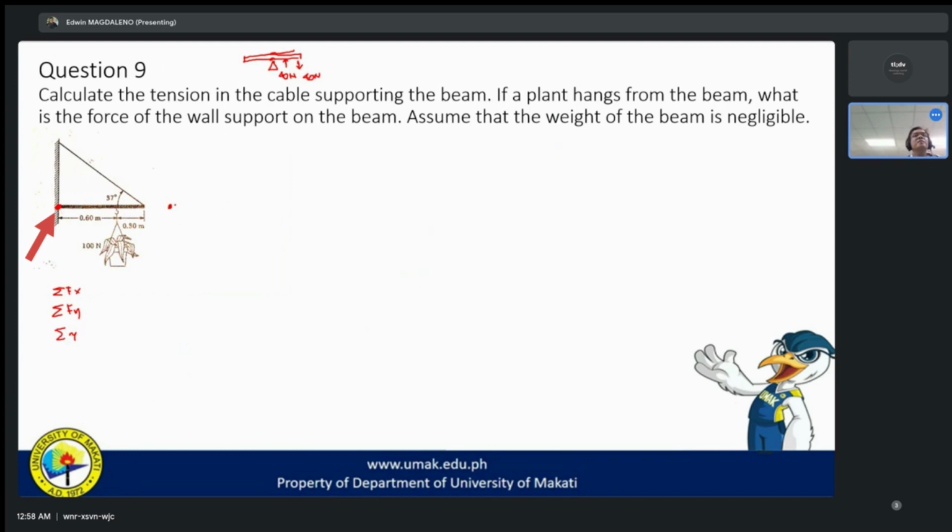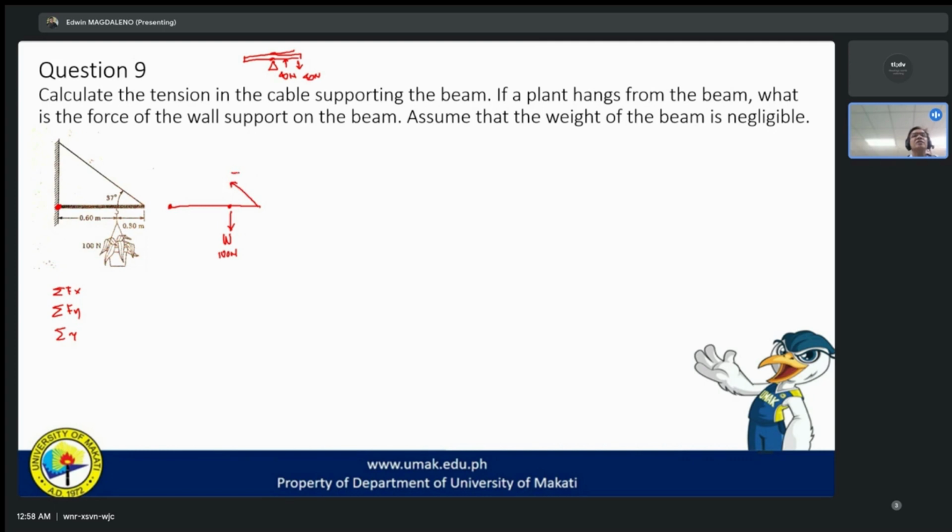From the fulcrum, meron tayong dalawang forces. We have a force. First is the weight, which is going down, which is 100 Newton. And we have tension, which is at an angle of 37 degrees.